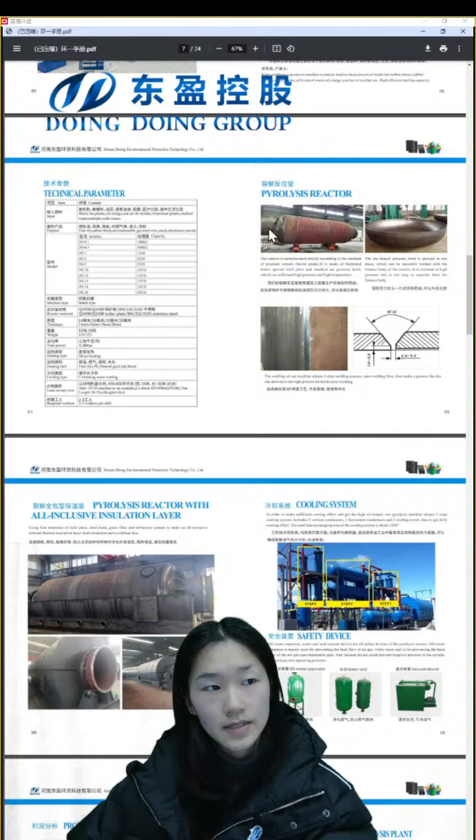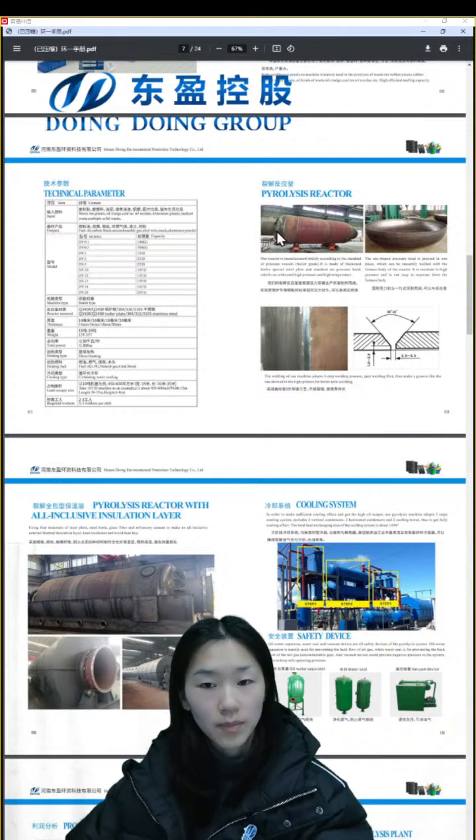You can see this is our pyrolysis reactor in our factory. This filling cylinder is connected with the reactor body directly, and you can see there are many reinforcing ribs on here. It will make this connection strong.